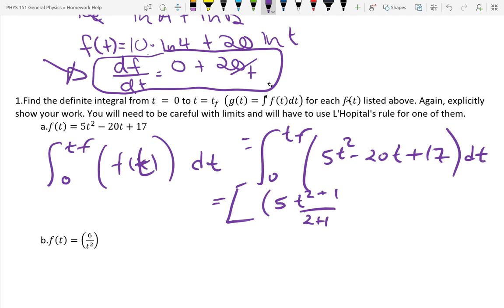And then we do the same thing with 20, t to the 1 plus 1 over 1 plus 1, plus 17 t to the 0 plus 1 over 0 plus 1.